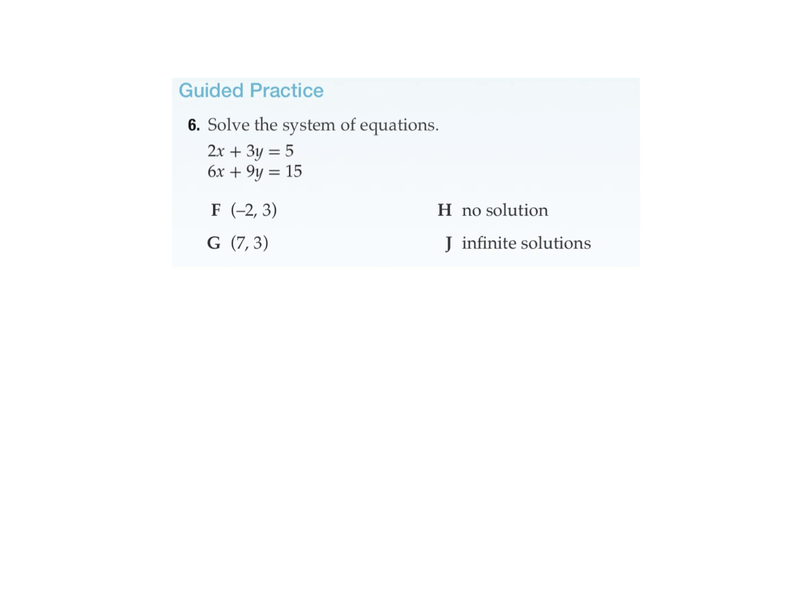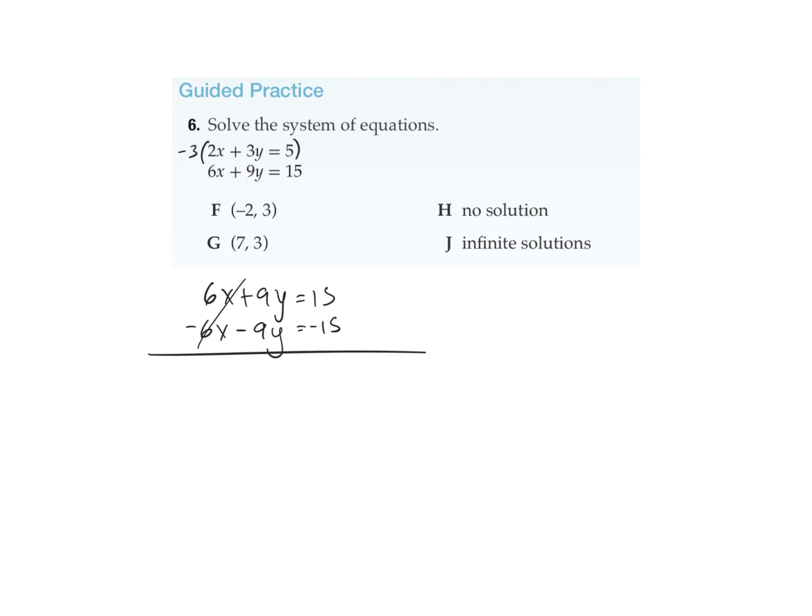Here they're asking us again to solve the system of equations. I'm going to go ahead and multiply by negative 3, again just to get rid of one of the variables. I'm rewriting the second equation first. So I get negative 3 times 2 is negative 6x. Negative 3 times 3 is negative 9y, and this will be negative 15.